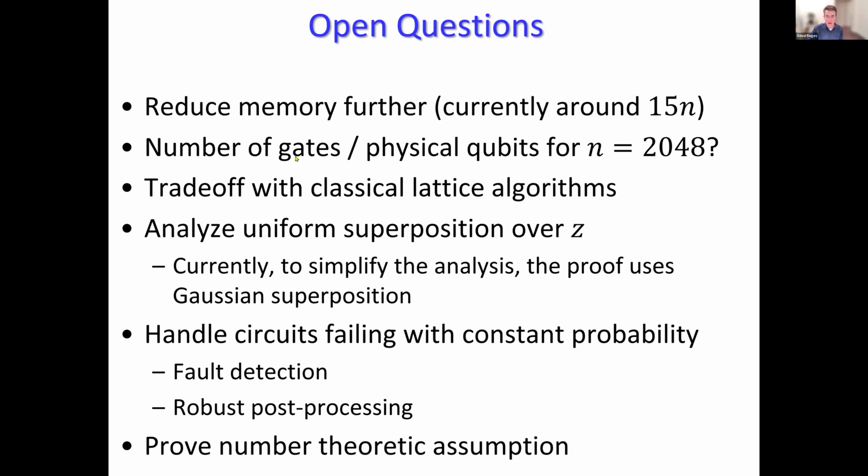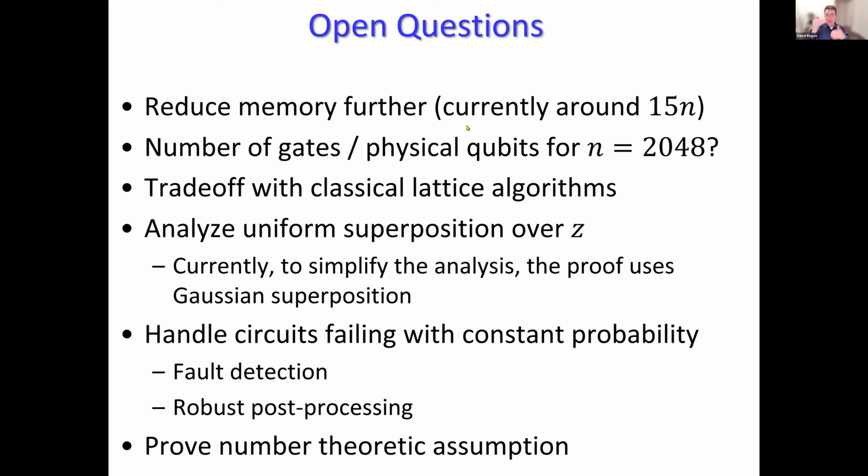How exactly this compares to Shor's algorithm for something like, say, 2048. Trade-off with the classical lattice algorithms. That's something I think potentially quite interesting, because you can spend more time on doing the classical post-processing. If you want to factorize a number like 2048, many people, many governments would be happy to spend more time doing classical post-processing.